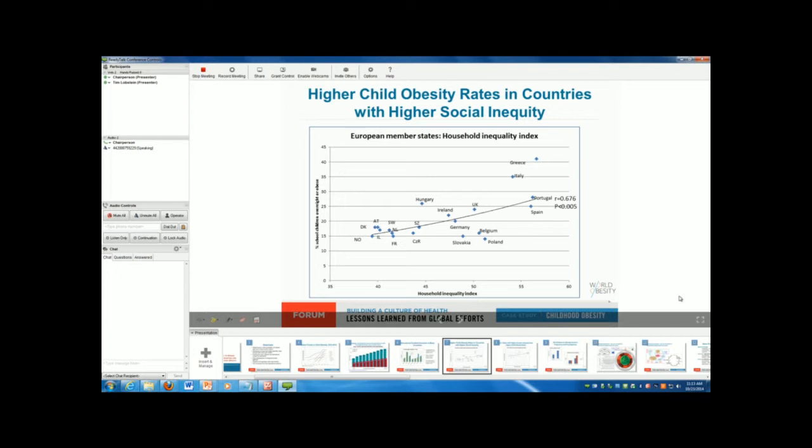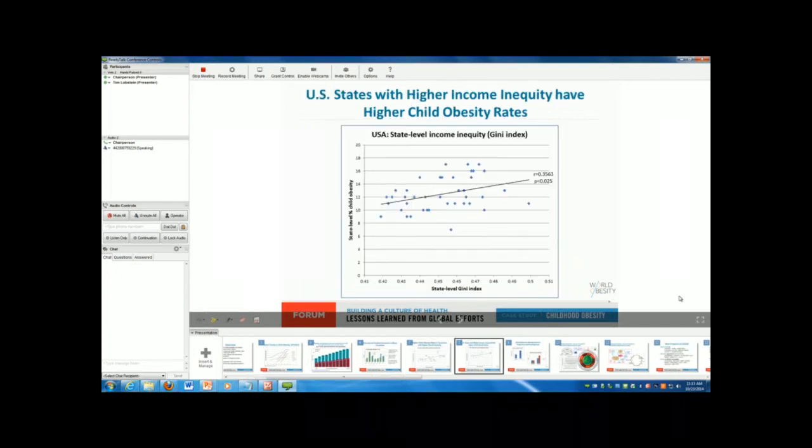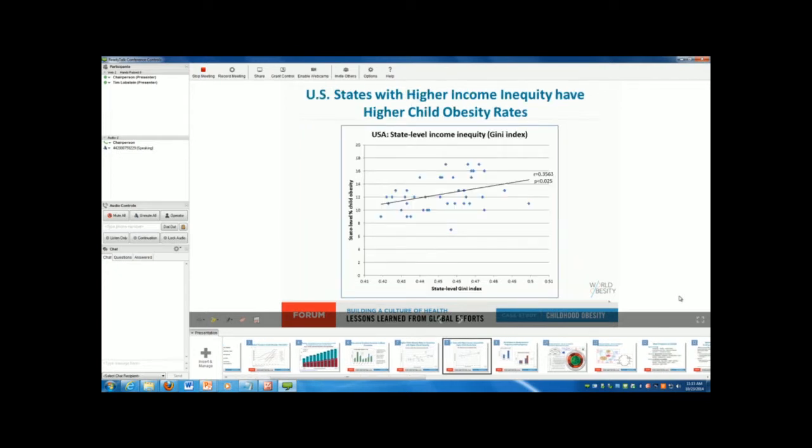So that's interesting, and I wondered if that was the case for the United States. So I took a look at child obesity levels, and the only index of inequalities I could get for U.S. states are these ones for Gini index, which is just a general income inequality. So states with the greatest income inequalities, very rich and very poor in a state, compared with states with fairly flat income inequality, low income inequality, you get a correlation with child obesity.